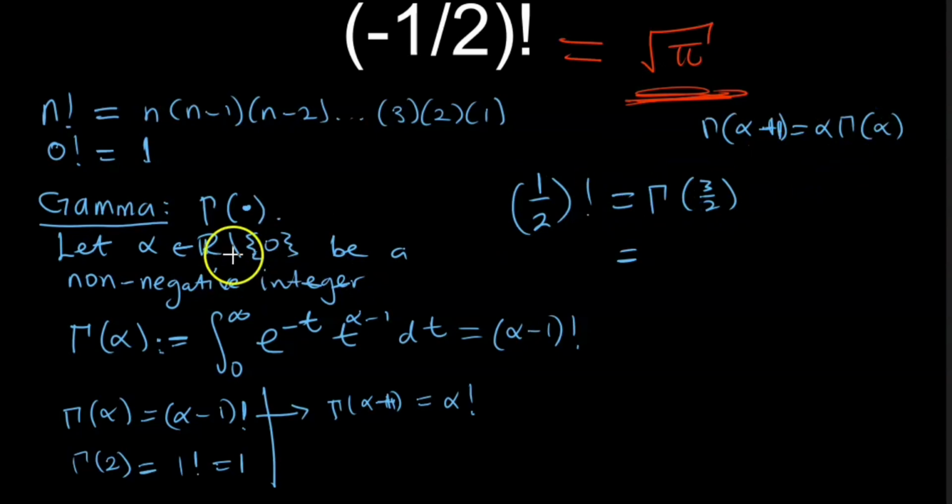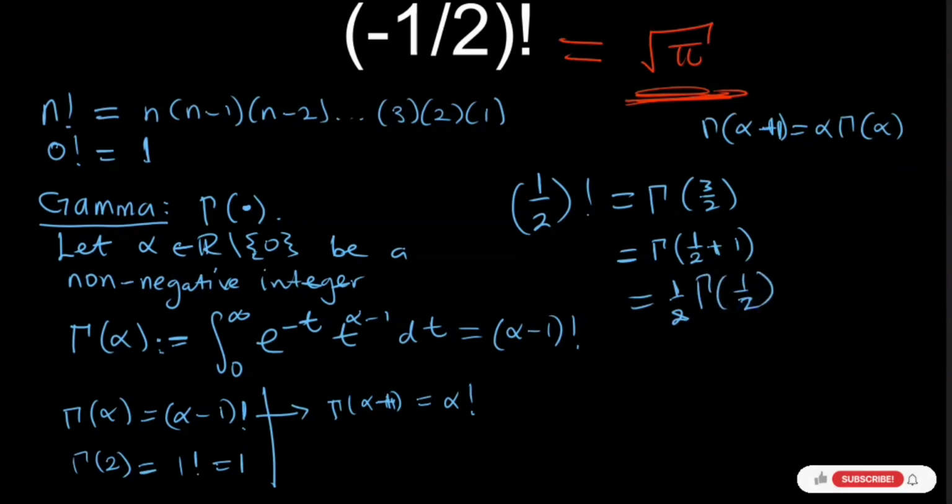We can prove this easily using the definition of the gamma function, this integral right here. In other words, 3/2 can be written as 1/2 plus 1, which means we're going to have 1/2 outside times gamma of 1/2 inside.